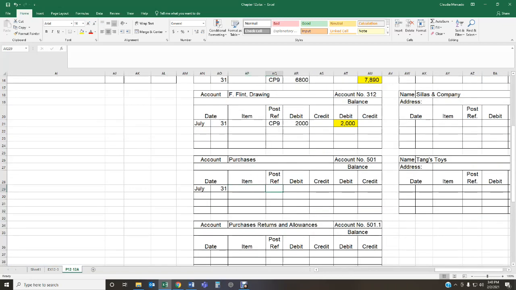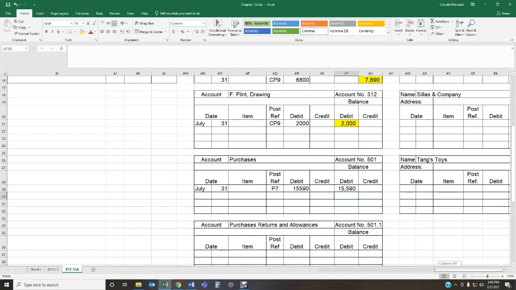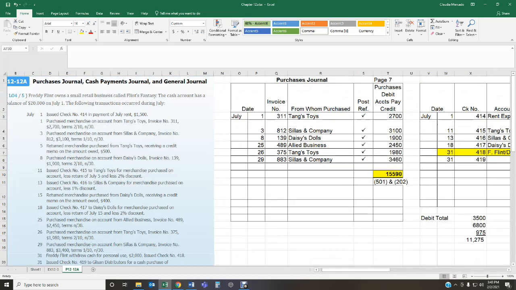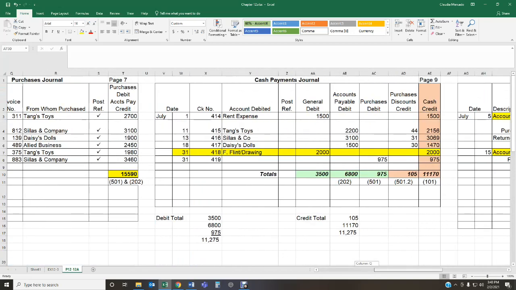This is Purchases Journal number 7, and we had a debit of $15,590. So that is our 501 and our 202.